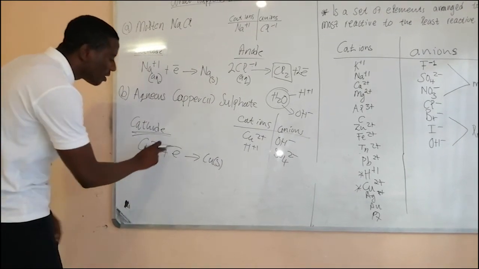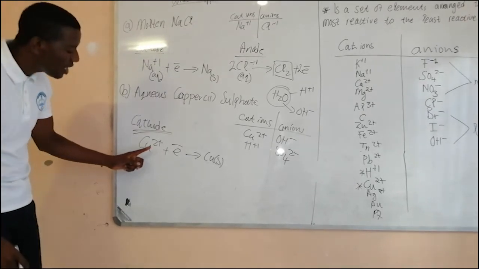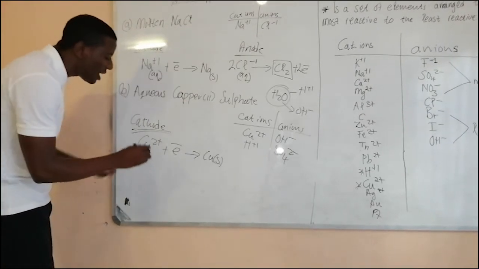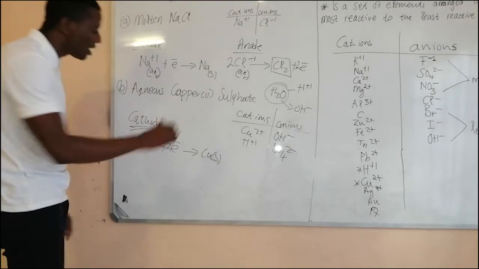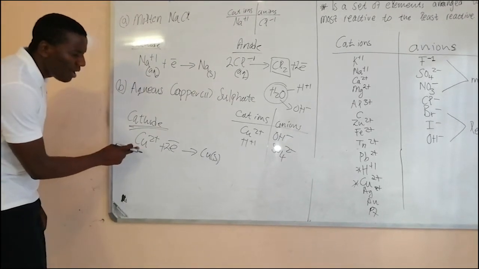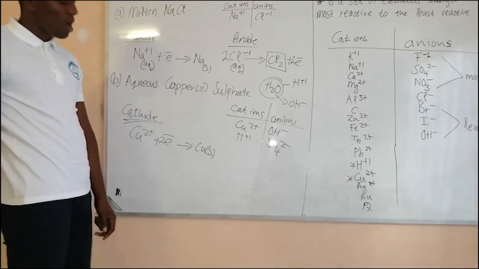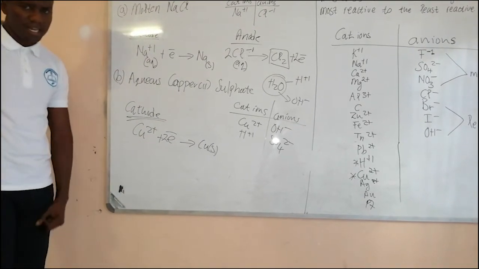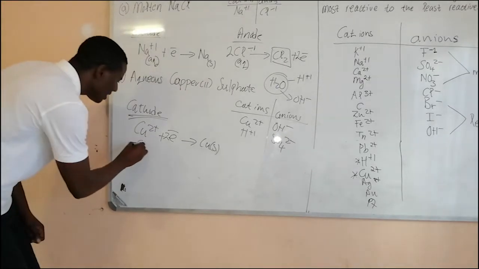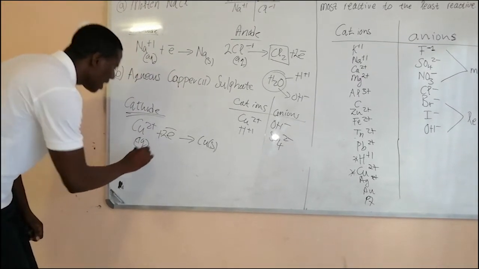You should know that there are 2 electrons involved here. So you balance your equation, you have 2 here, 1 copper ion this side and 1 on the other side. So the equation is balanced. And then you write that this one is going to be aqueous.